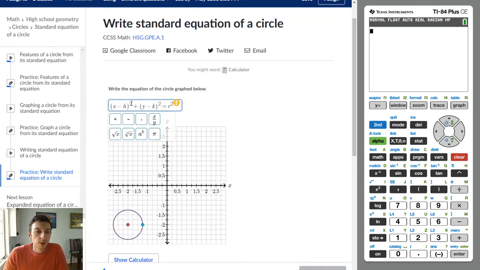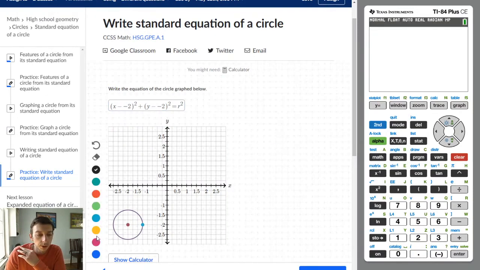So first I have to know the center. h and k represent where the center of the circle is. My center is at (-2, -2). So I have to put in a -2 for the h, and a -2 for the k. My radius starts here at -2 and goes to what looks like -1.25.